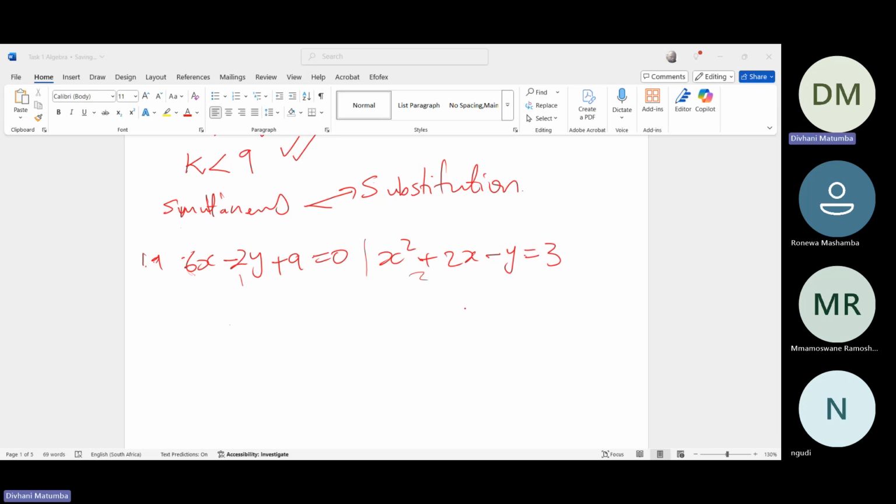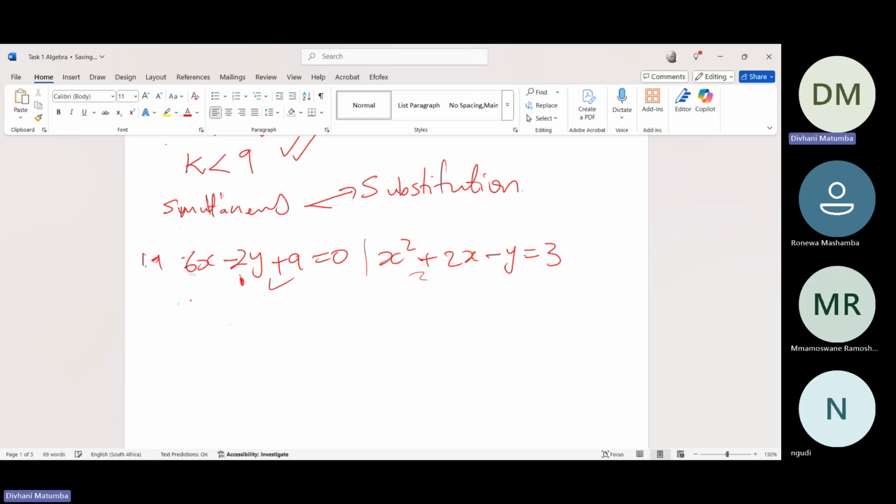The first one or the second one? So the first one. The first one is more simple. Okay, so whenever I get the simple equation, I express either x or y and make it the subject of the formula. In this case, I think I would prefer to make y the subject of the formula.